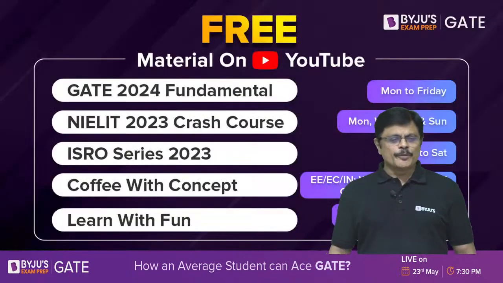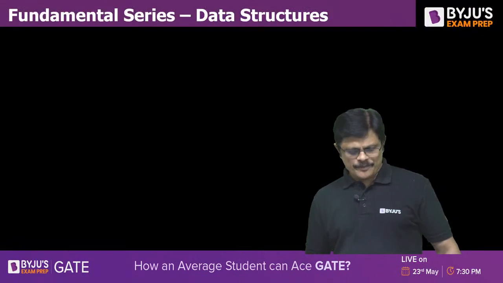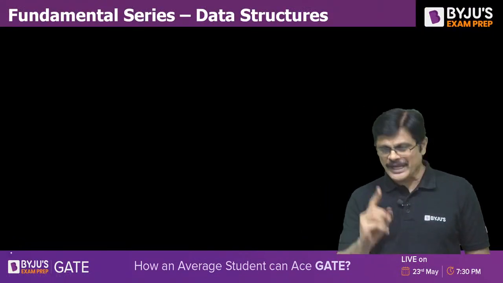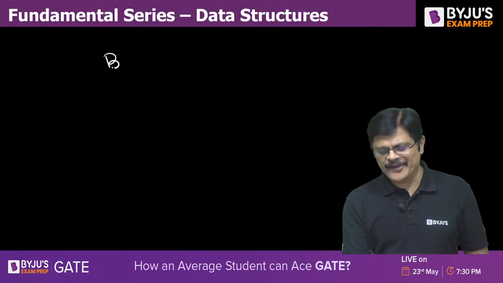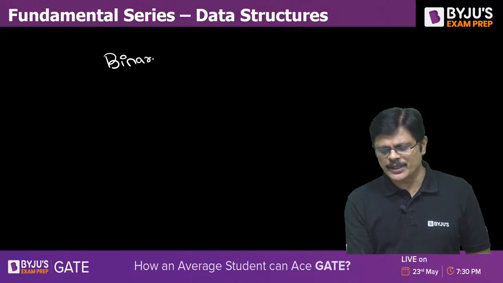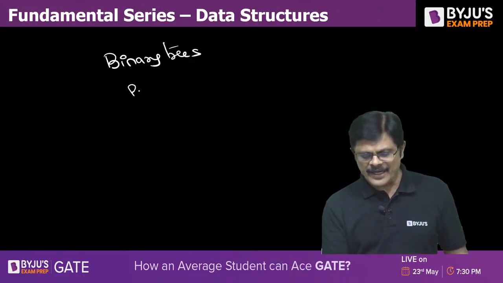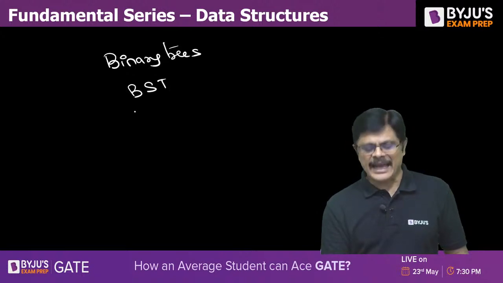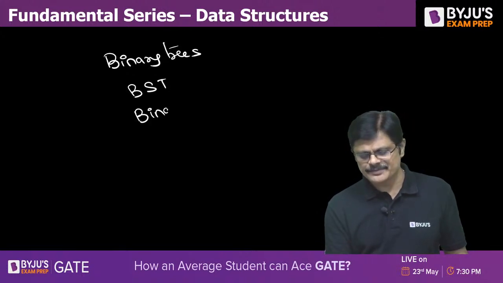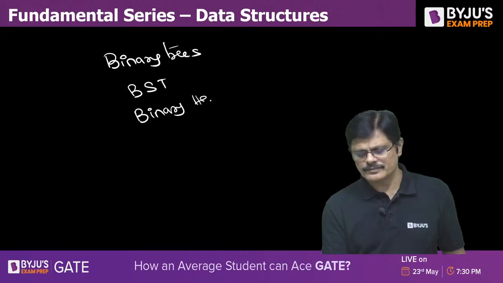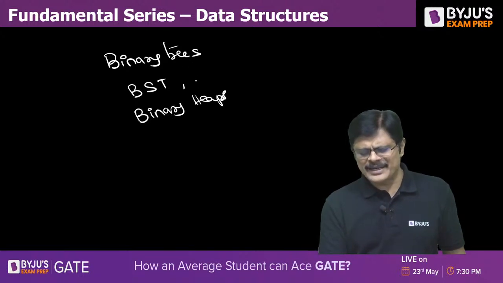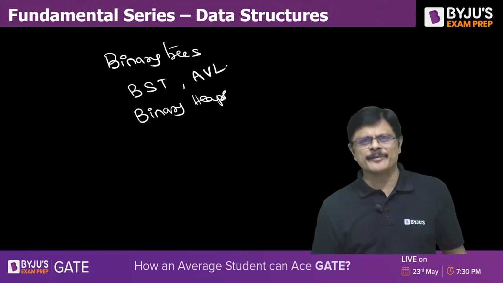So, this is about queues, and from tomorrow I am going to start 2 days for binary trees, the most important concept: binary trees, binary search trees. Within binary search trees, AVL trees also will be completed.